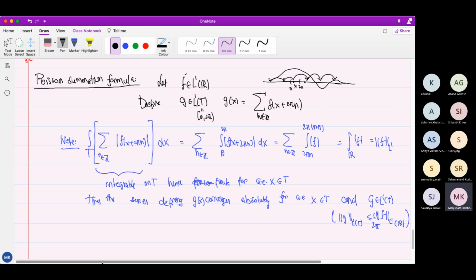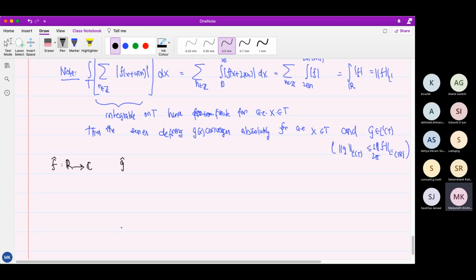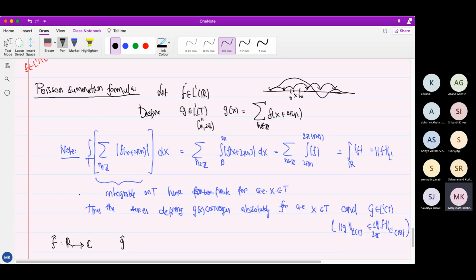So the point is we can take Fourier coefficients. So f hat is a function from R to C. It is its Fourier transform. And G hat, despite possible ambiguity of notation, I will use this hat as the Fourier transform for functions on R, and this hat as the Fourier transform for functions on T. So this is a function from integers to complex numbers, right?